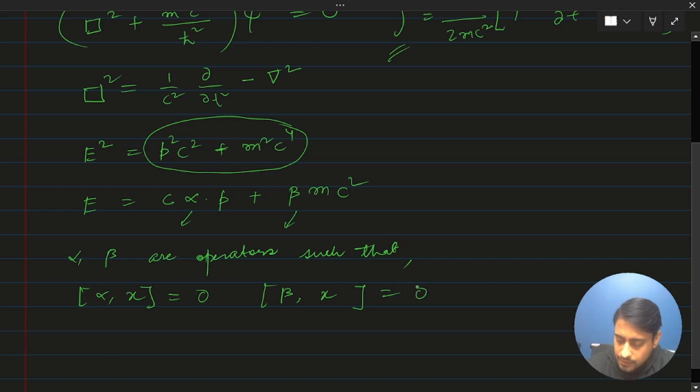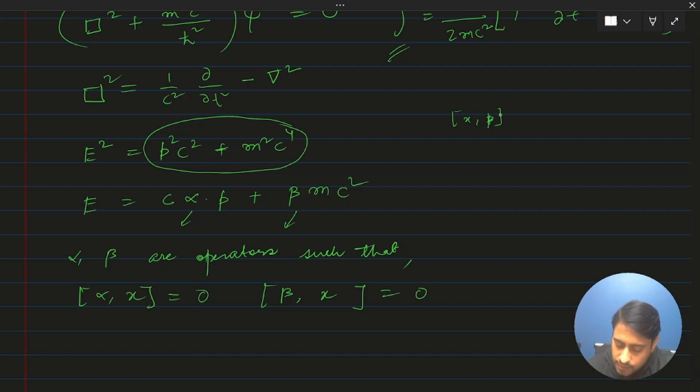You can ask why we are taking these assumptions. It is very important in quantum mechanics that the x and p operators actually do not commute. Now we are interested in what is important from the point of view of physics.